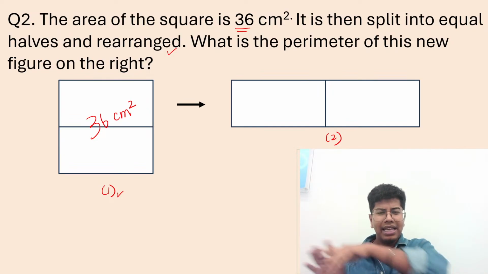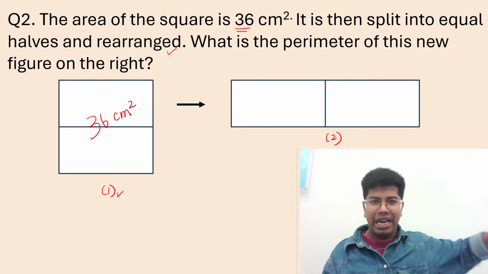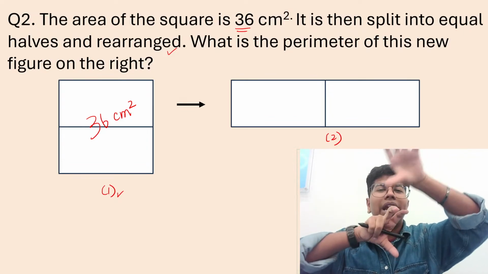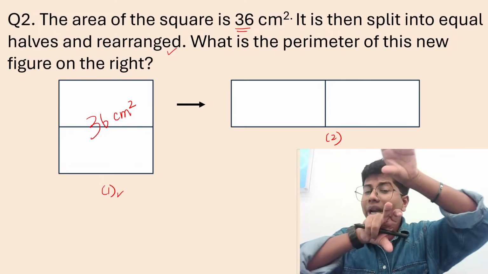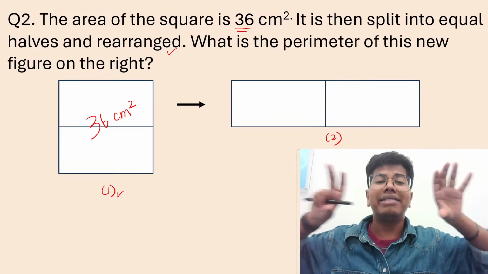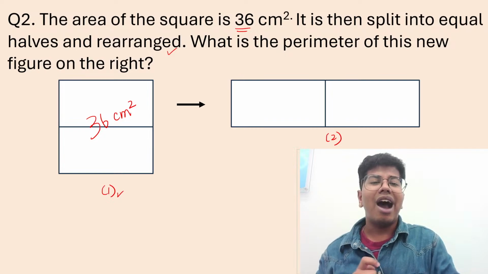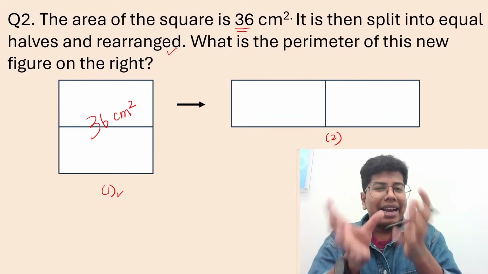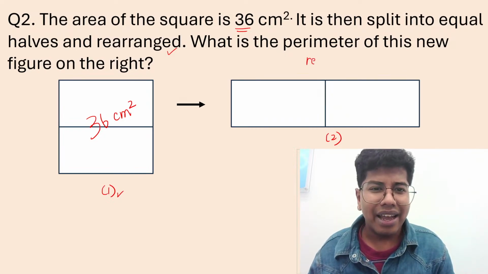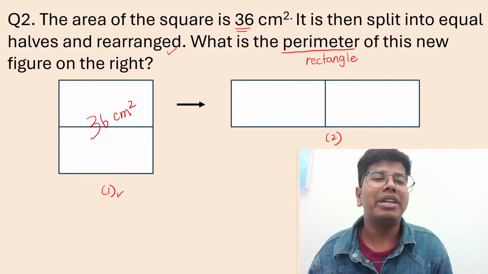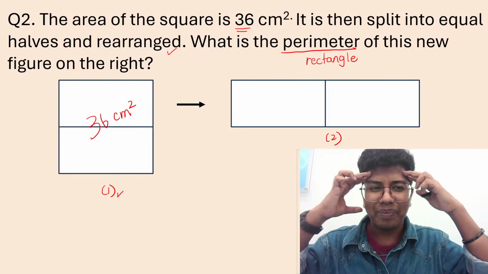The question is, the square has been cut from the middle, and now we can see two rectangles. And now these two rectangles are placed side by side in order to make a rectangle. So this is a rectangle now. Now the question is, we have to find out the perimeter. Now let's just recollect again.